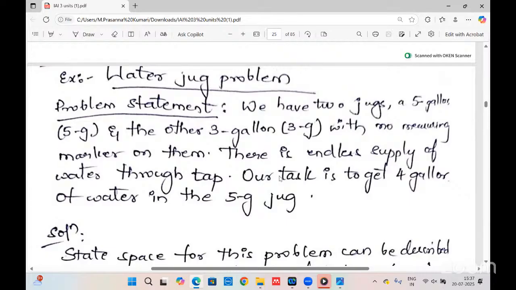6G, 4G, 2 jugs. The goal is to fill 5 liters of water in 6G jug.